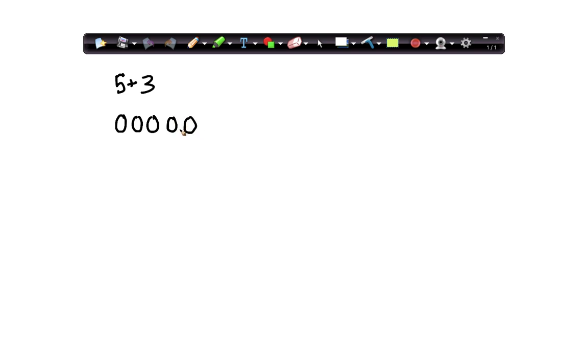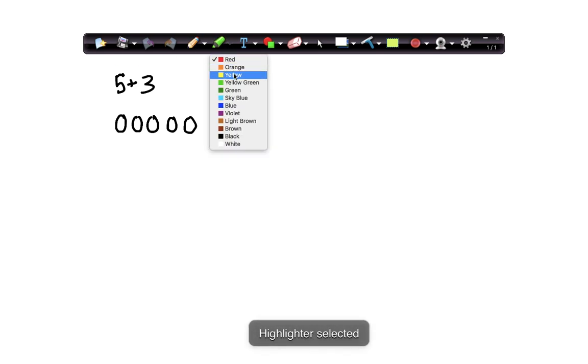So if I had 5 positives, and I indicate positive with yellow, so there's 5 yellow, and I add 3 more positives.